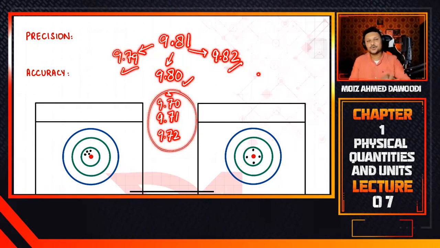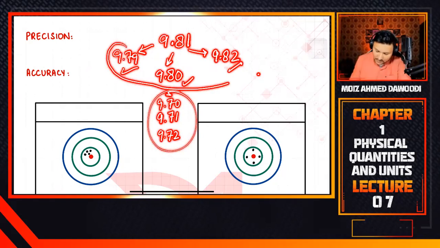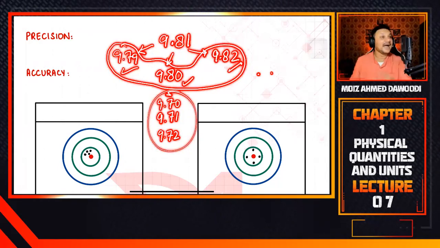So how much closer the points are with each other is precision. How much closer the points are with the true value is accuracy. Like ये जो 3 points हैं, ये accurate भी हैं because they are closer to the exact value, and ये precise भी हैं because they are closer with each other as well. Understood? Accuracy is defined as the state of being exact or correct.